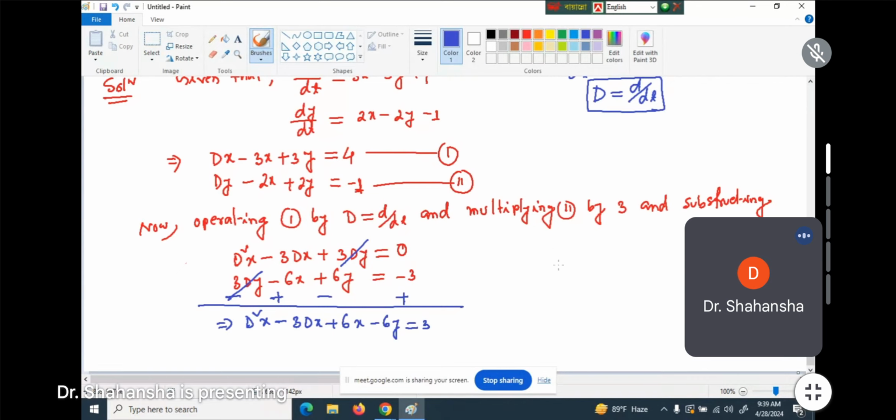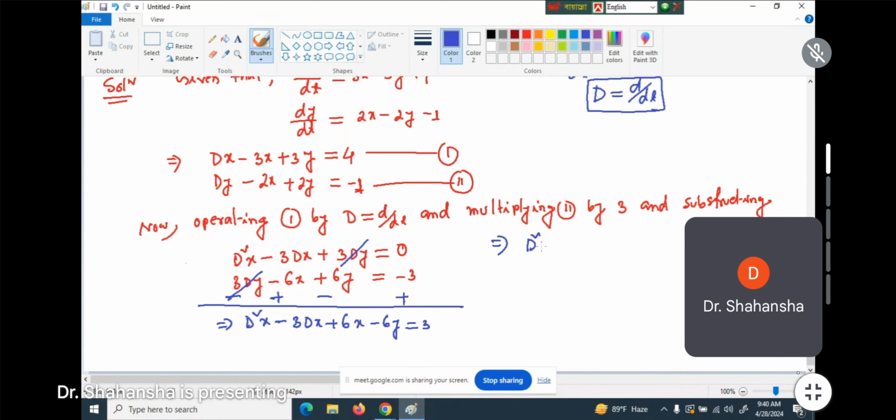So we converted all the operators with respect to x, but here there is 6y. So you need the value of 6y. You can get the value of 6y from equation 1 or 2. If you use equation 1, easily we get 6y.